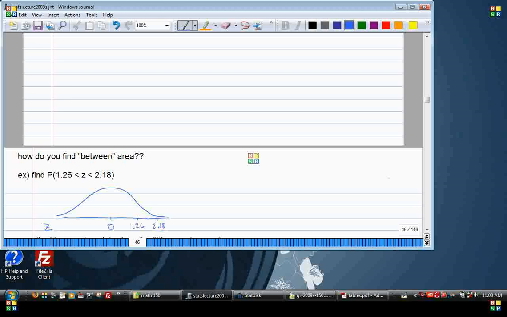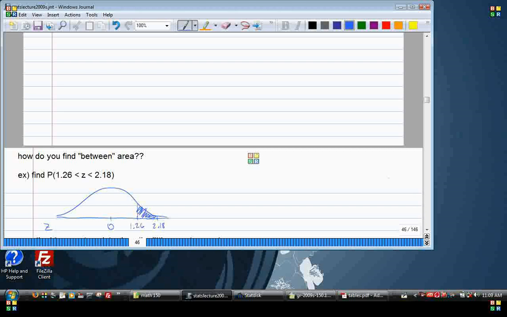Oh, yes, you skipped right ahead. So we're trying to find a probability, and how do we represent probability? Probability is the same as area. So which area are we trying to find? Right. So we should mark that off. There we go. So that's the area that we're trying to find.